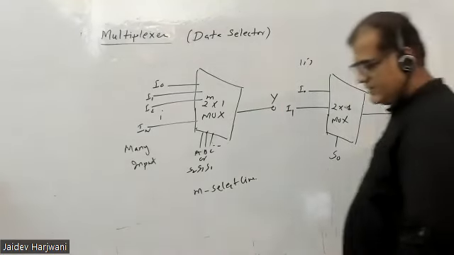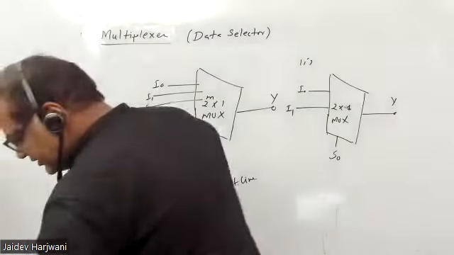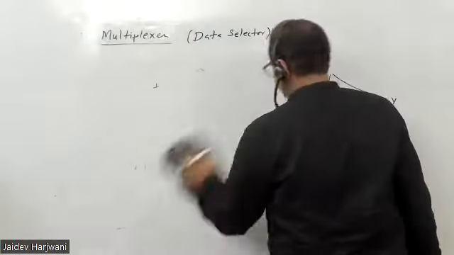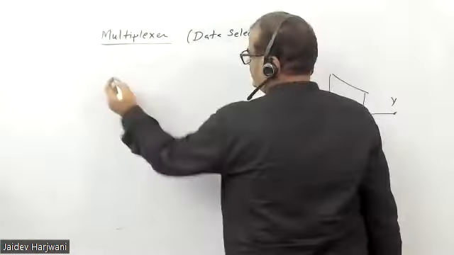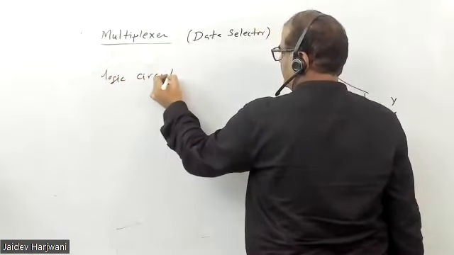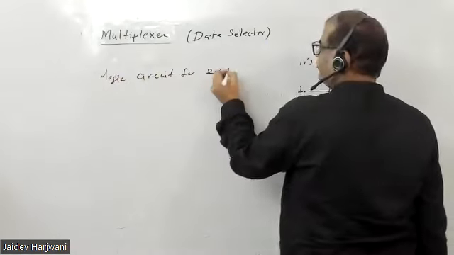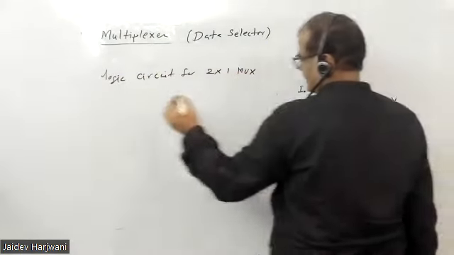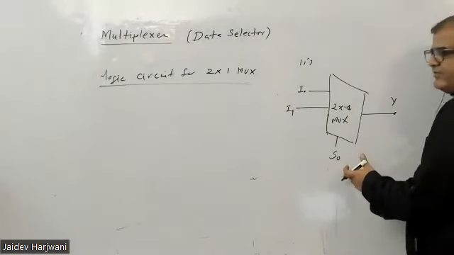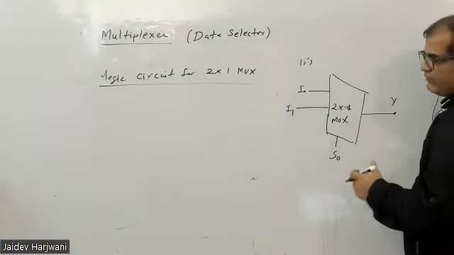So what is the logic circuit diagram for this 2 into 1 multiplexer? Depending on S, the variable can have a value 0 or 1.